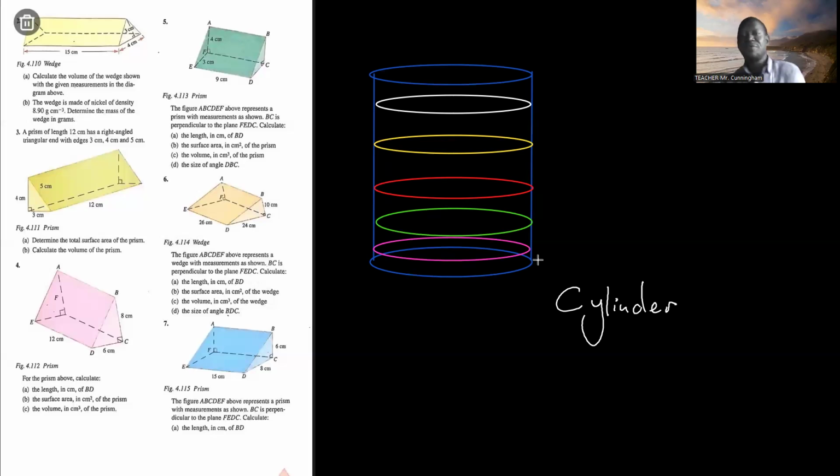All right, so everybody, open your mics. The cylinder is a prism, because the same shape at the top is the same shape at the bottom.